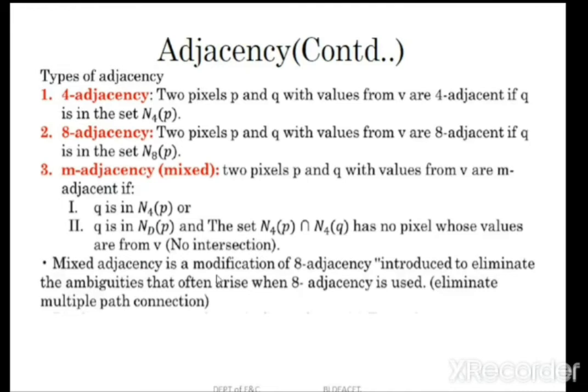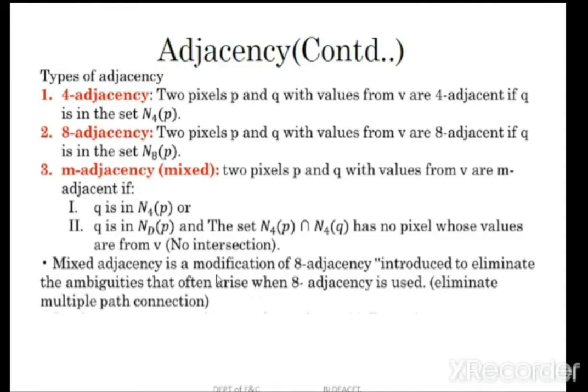That is, no pixels should be in the intersection set of N4 of P and N4 of Q. Okay, you need not worry at this stage. We will discuss these concepts by taking an example in the next class.